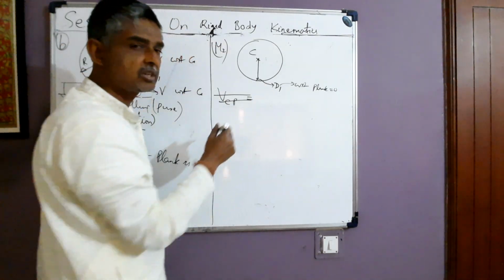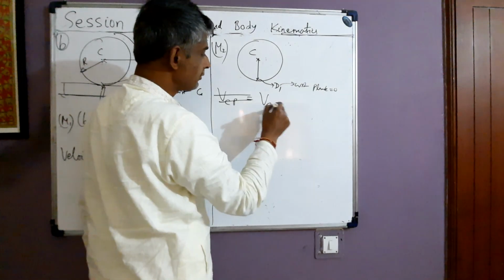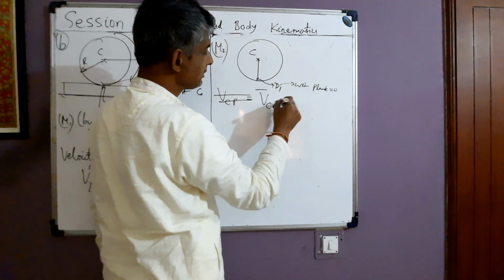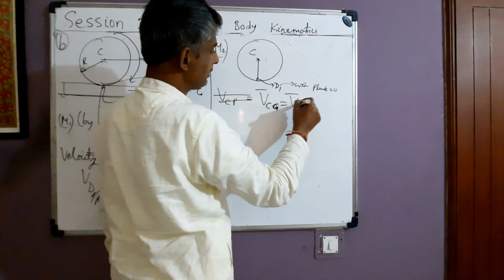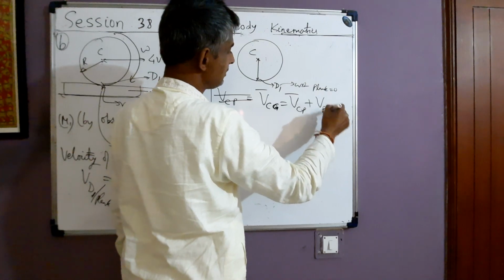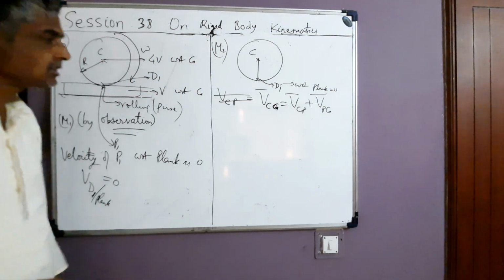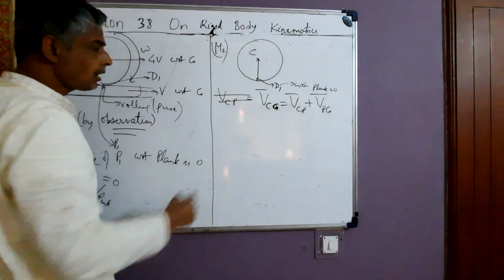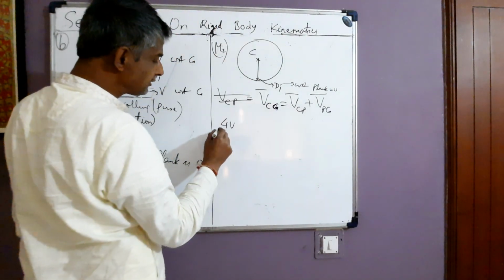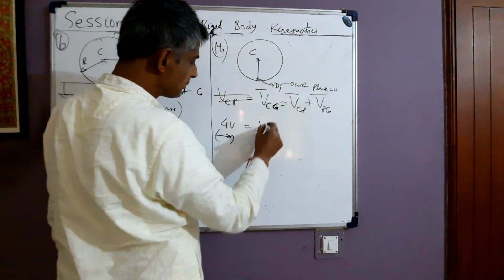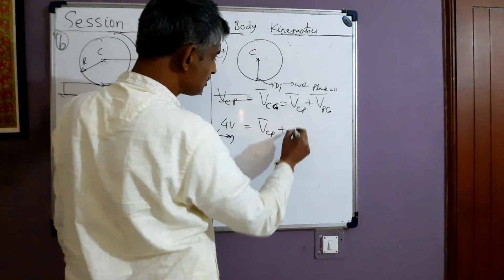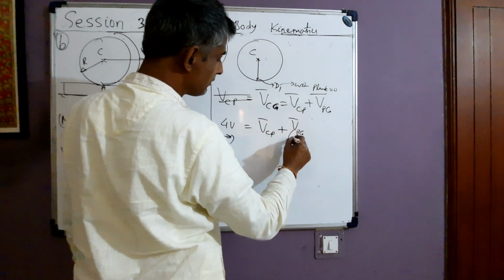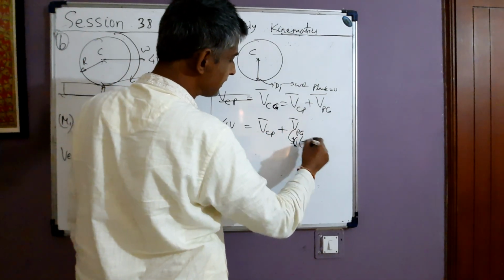Now plank is translating with respect to ground. So from the theory of translating frame, VCG is equal to VCP plus VPG. Now VCG is 4V rightward, given. VCP we have to determine. And VPG is simply the velocity of plank with respect to ground, that is V rightward.